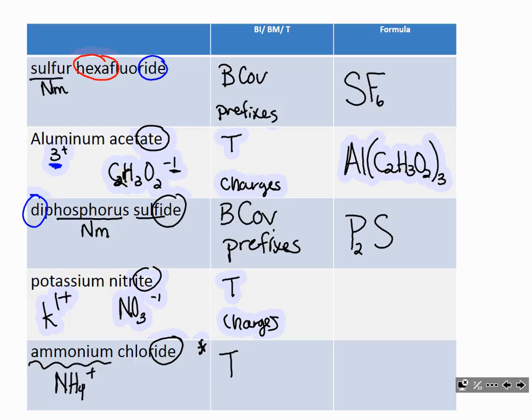We only need 1 of each of those ions to have electrons transferred equal each other. So potassium is going to have a subscript of 1. Nitrite is going to have a subscript of 1. And notice that because I'm not putting another subscript on it, I'm not putting it in parentheses.